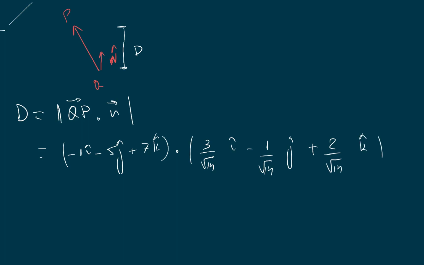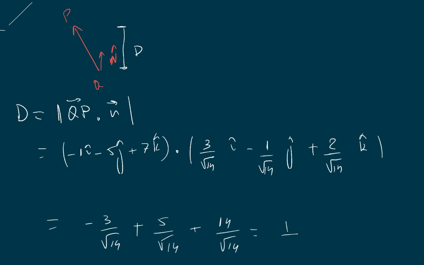And the dot product is minus 3 divided by the square root of 14, plus 5 divided by the square root of 14, plus 14 divided by the square root of 14.